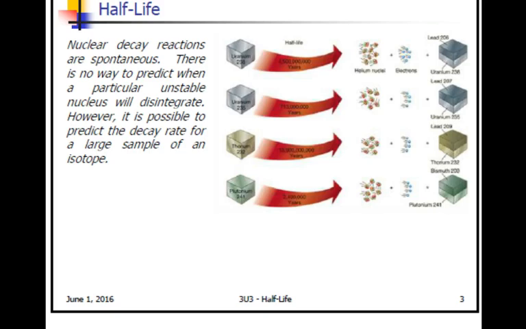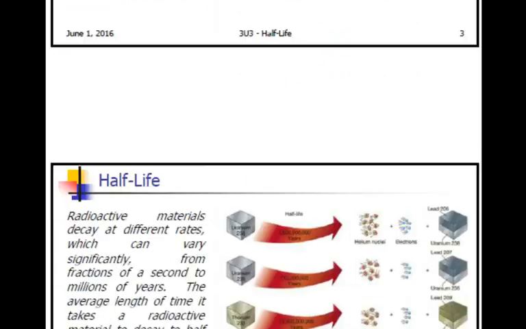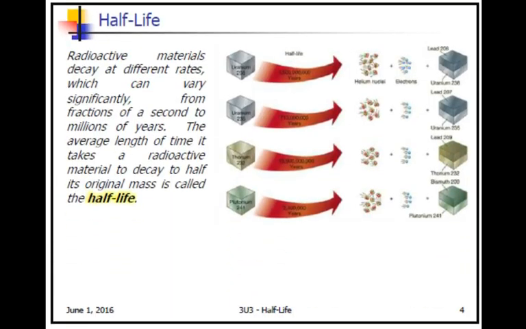So again, if we have a huge amount of particles and they're all radioactive, at some point those particles will end up giving off their radiation and becoming inert, no longer radioactive. When that happens, we don't know, but for a large amount of particles, we know in general what the average is, and we can use that information to determine something like half-life.